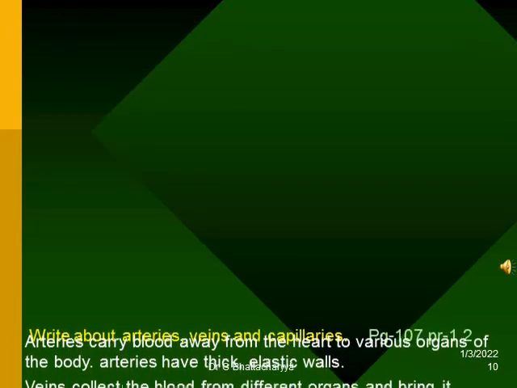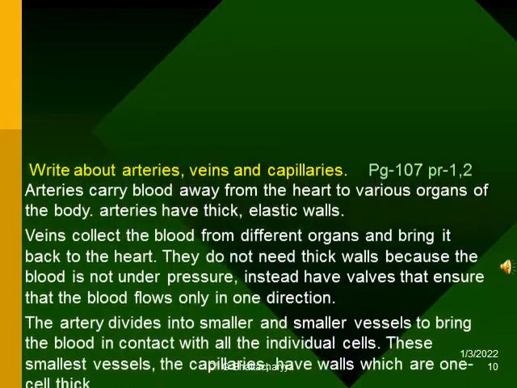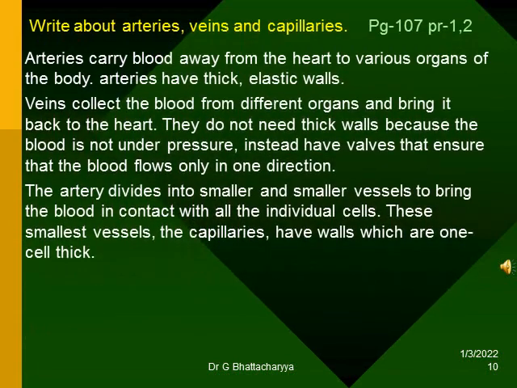Write about arteries, veins and capillaries. Arteries carry blood away from the heart to various organs of the body. Arteries have thick elastic walls. Veins collect the blood from different organs and bring it back to the heart. They do not need thick walls because the blood is not under pressure.